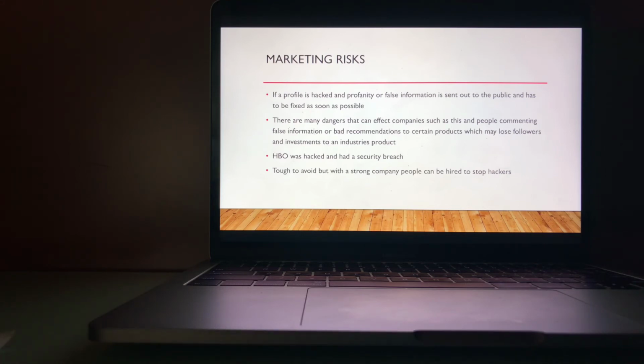Such as in Twitter, if a celebrity is promoting a brand that they want to put out to the public, such as the Big Baller Brand.